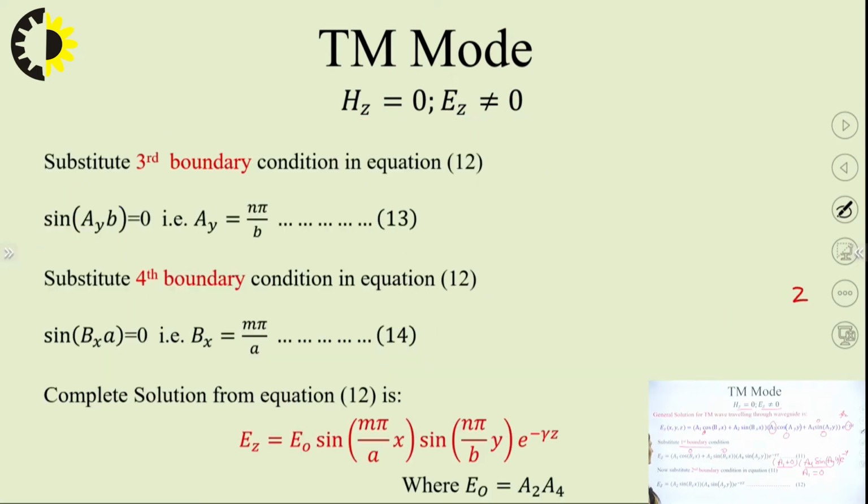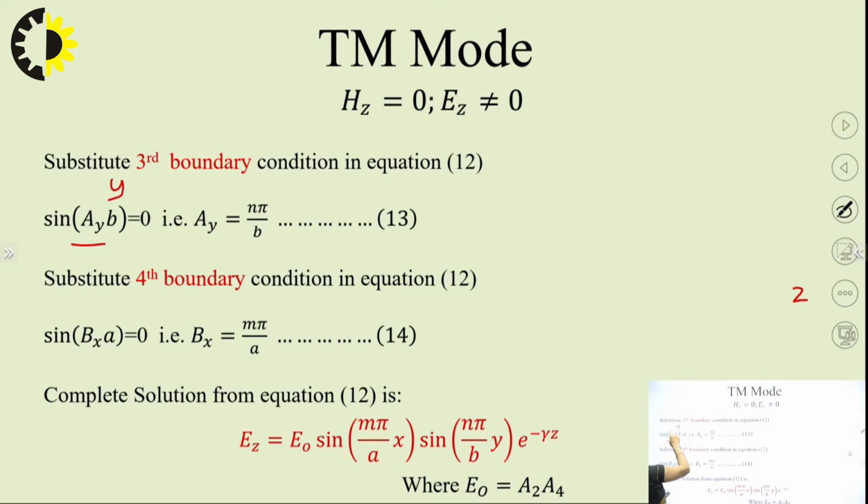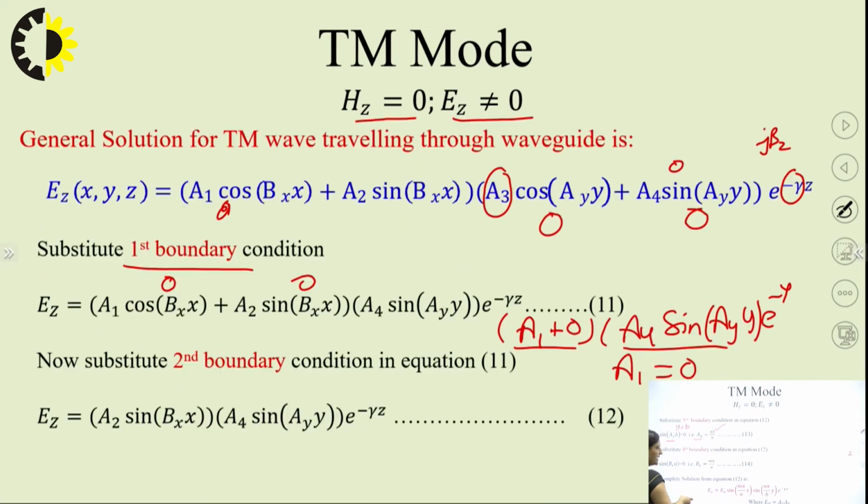Now we will put boundary condition 3 here, and it comes out to be sin ay b equal to 0, because in this condition y is equal to b. Sin will be 0 at n pi, so ay can be written as n pi by b. Substitute the fourth boundary condition in this equation.